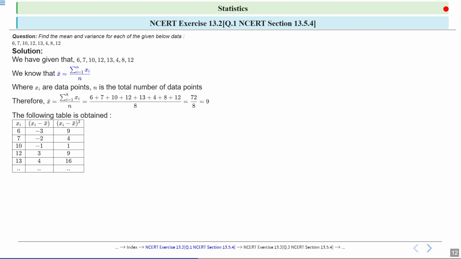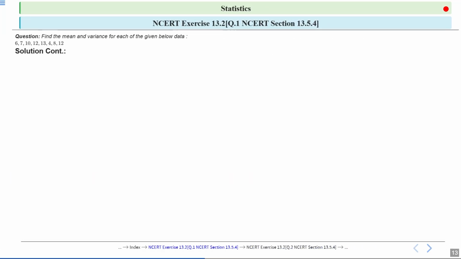Next, we will organize our calculation in a table to help us find the variance. The table has 3 columns. In the first column we have the values of xi. In the second column we have the difference of xi and x bar. And in the third column we have xi minus x bar whole squared.